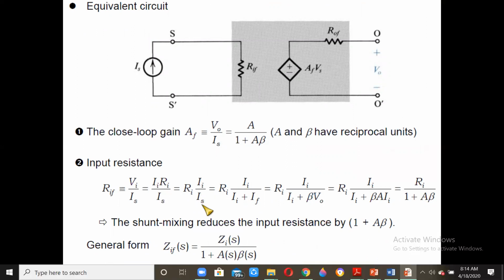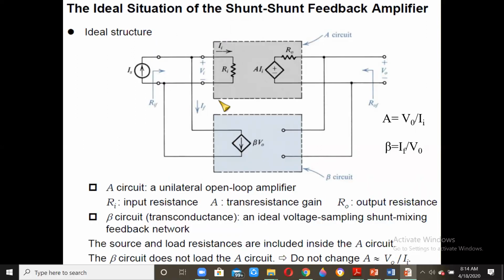Now IS can always be replaced again, as we discussed. IS is the sum of II and IF. The current entering the node is IS, and leaving are II and IF.